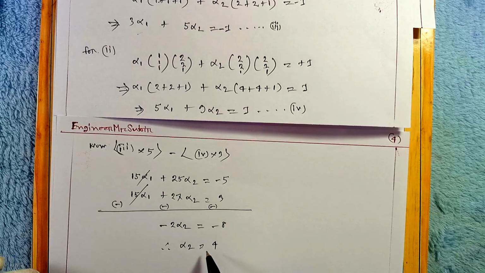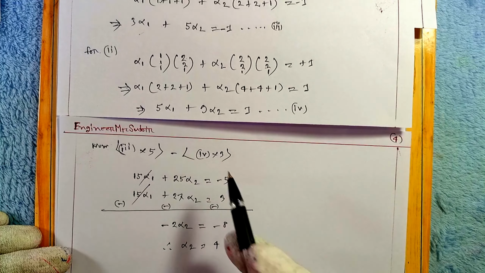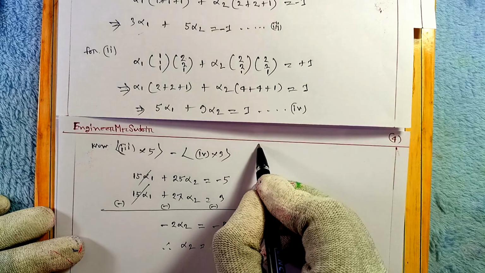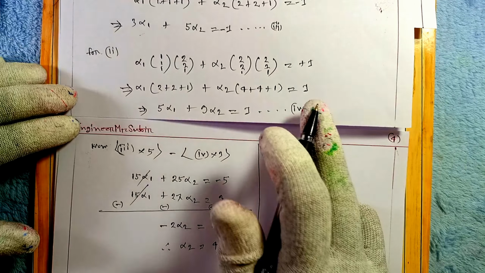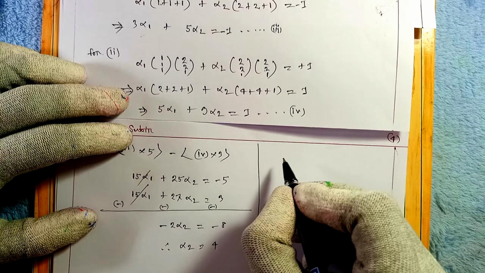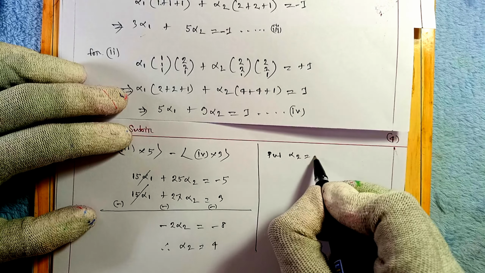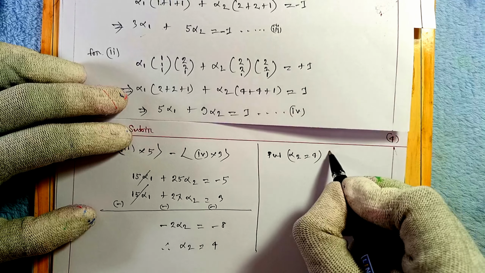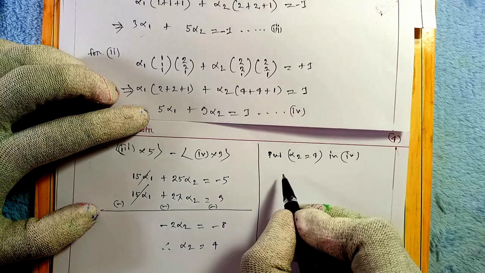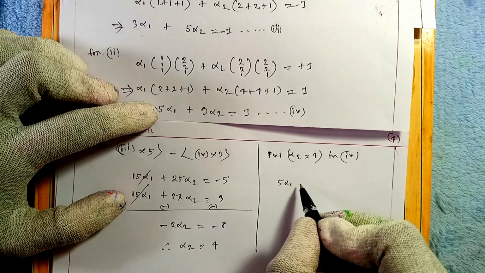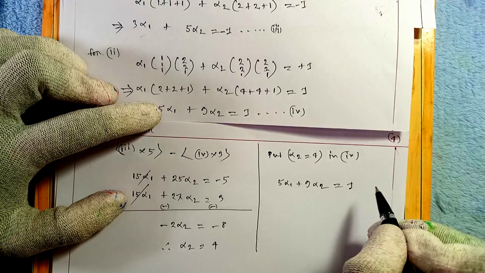If we put this value in equation number 4, then we can easily get the value for alpha 1. So put alpha 2 equal to 4 in equation number 4, that is 5 alpha 1 plus 9 alpha 2 equal to 1.